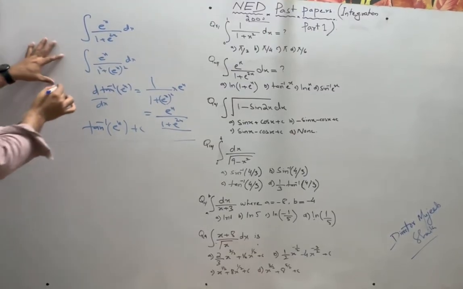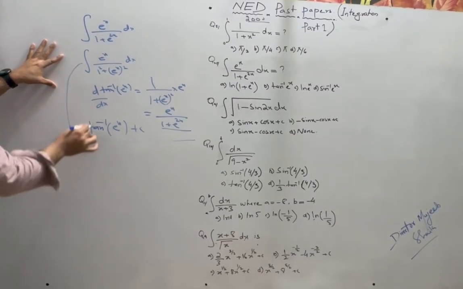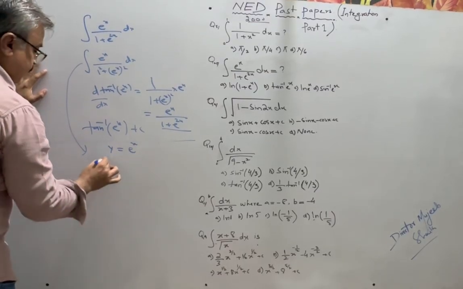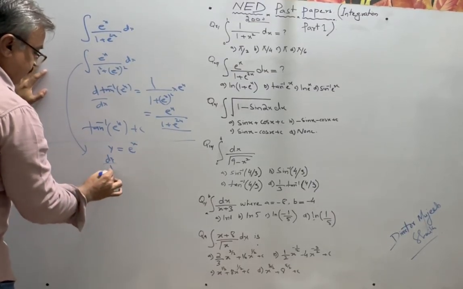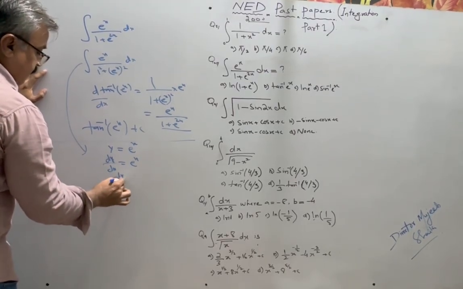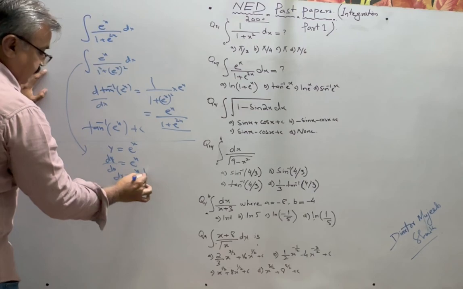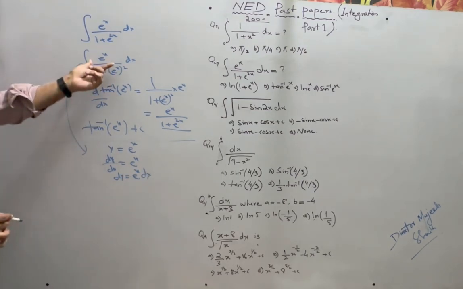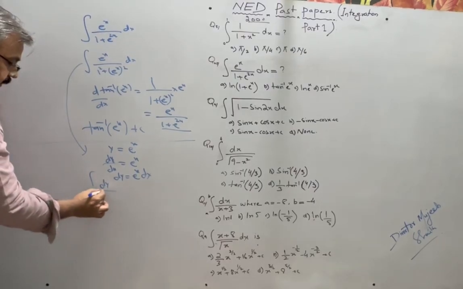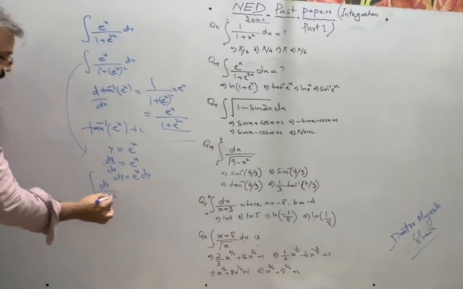Or one can utilize magic substitution here. Suppose y is equal to e raised x. Differentiate: dy over dx is equal to e raised x, or dy is equal to e raised x times dx. Shift in that integral, we are going to have something like dy over 1 plus y square.